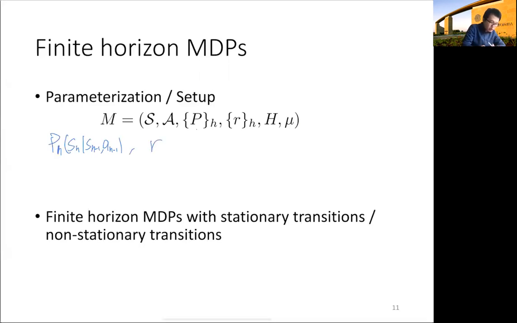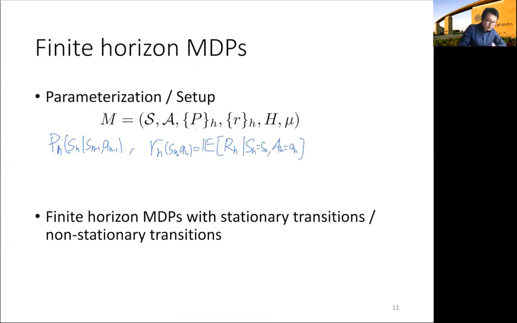The reward distribution can also be time varying. So R_H(S_H, A_H) is equal to the expected value of R_H when S_H is equal to s_H and A_H is equal to a_H.